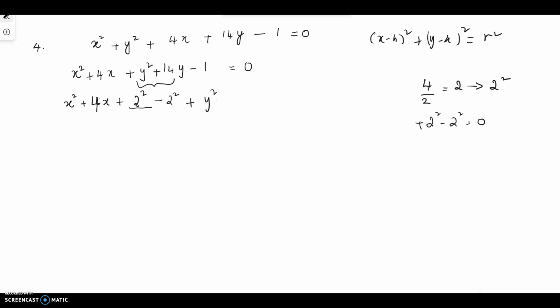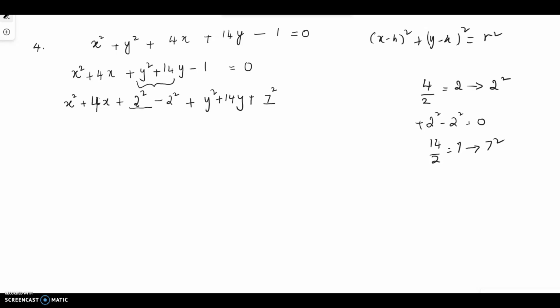Let's write that down, y squared plus 14y. What do we need to add to these two terms, y squared plus 14y, in order to complete the square? So we take 14, the coefficient of y, divide by 2, we get a 7, and we square it.